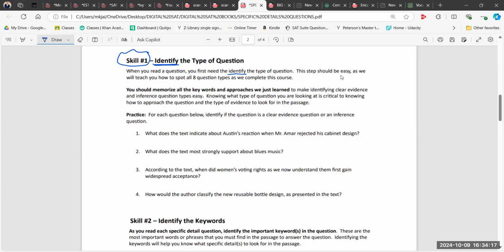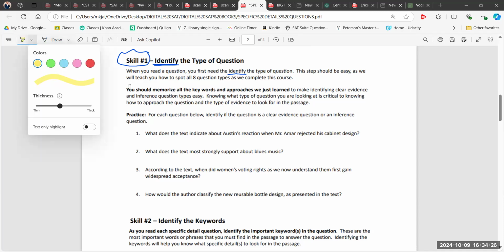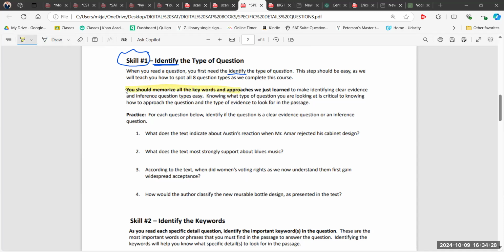So this step should be easy. You should memorize all the keywords and approaches we just learned. Keep all these keywords in mind so that you can easily distinguish or identify the type of question.